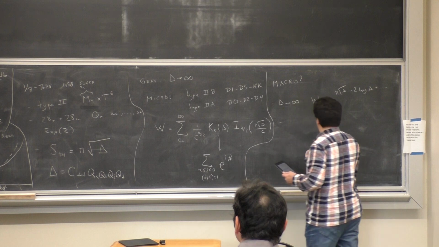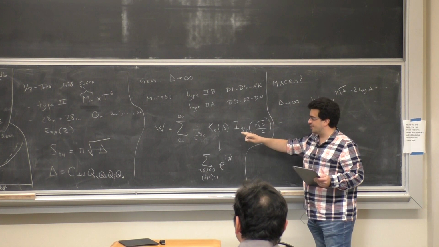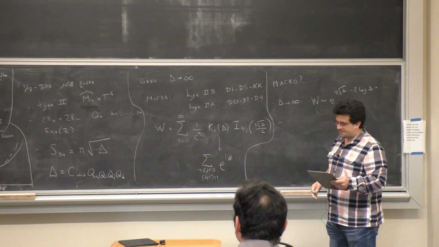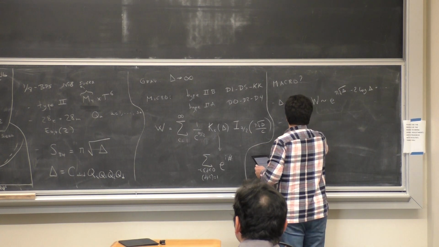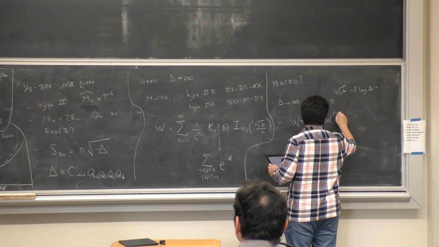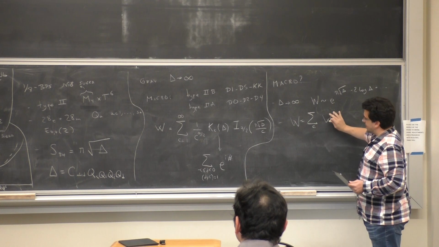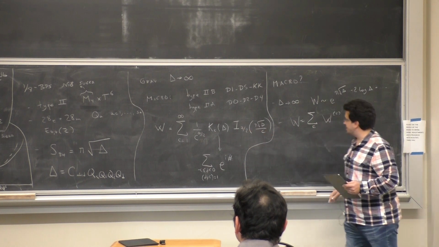So this gives an interpretation of what the c equals 1 contribution might be. But then the total answer is, let me write it this way, over c. And here this WC is this term that appears there.